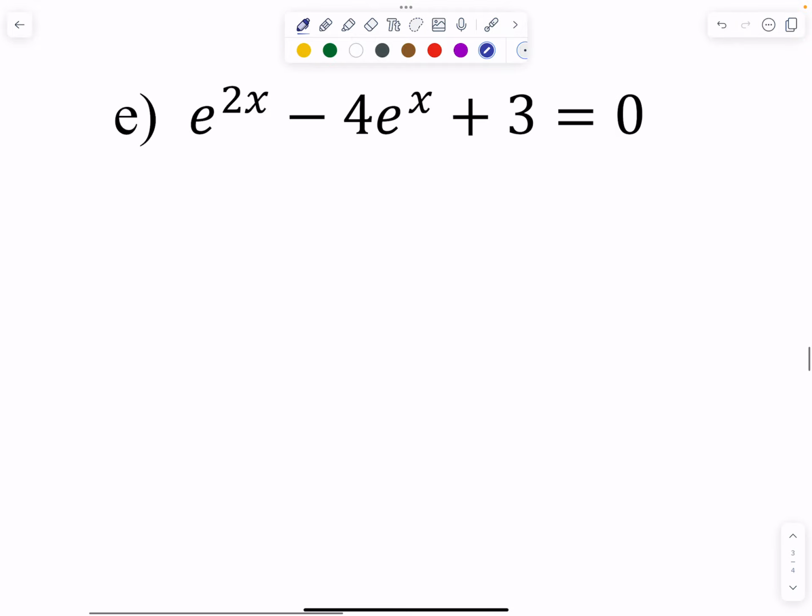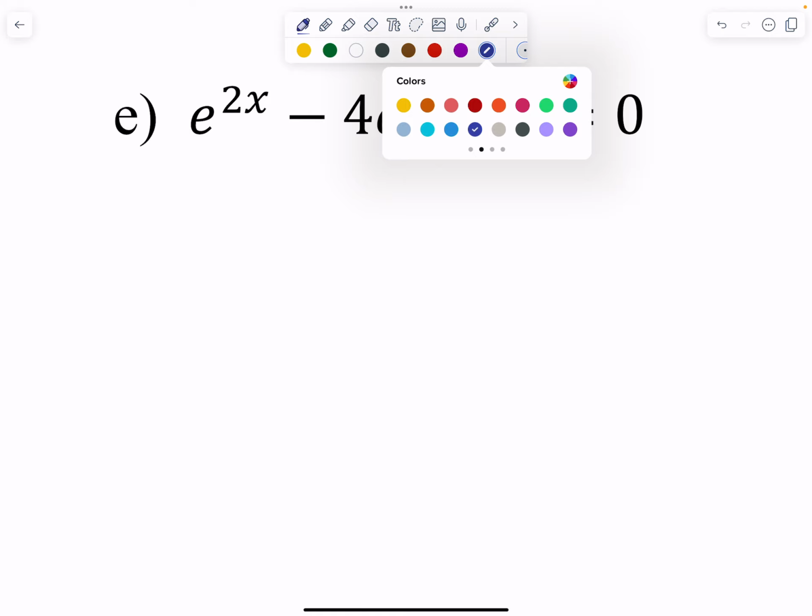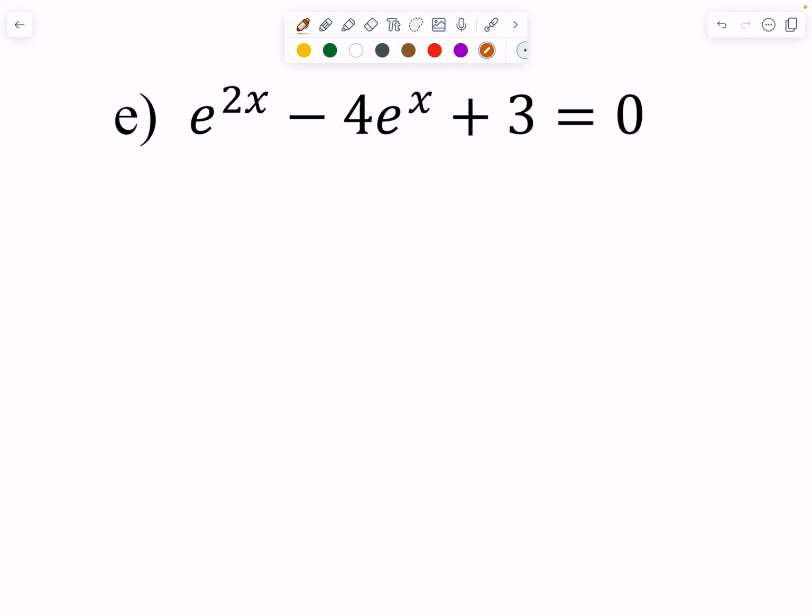This is what I call a quadratic-like exponential equation. And you'll see that we'll run into different types, like we'll run into trig equations that I think of as being quadratic-like as well. Meaning you can kind of approach them, rewriting them the same way that you would a quadratic.